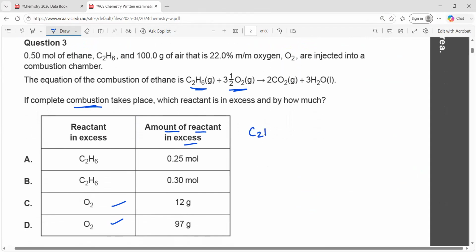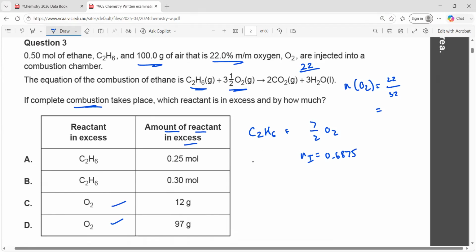So we do C2H6 plus 7/2 O2. Now we've got 100 grams of air, and 22% of that is oxygen, so we've got 22 grams of oxygen. To find out how much oxygen we initially have, we do 22 divided by 32, which is 0.6875. So the amount of moles of oxygen we initially have is 0.6875.